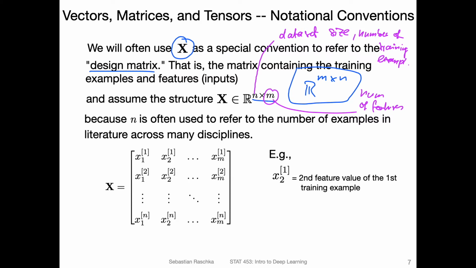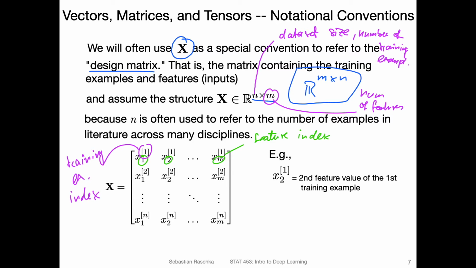It's just a convention. And then, like I already talked about in the very first lecture, we will be using the subscript for the features. That's the feature index, and the superscript would be the training data point index, or training example index.